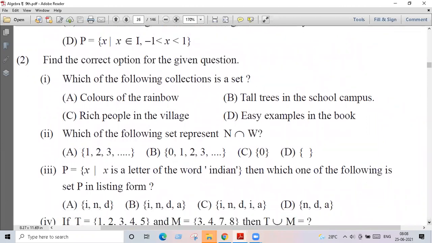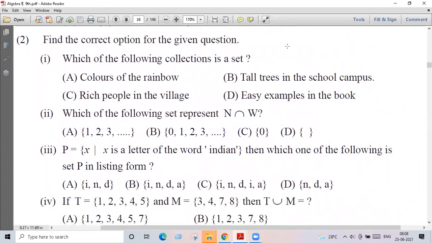Then question number 2. Find the correct option for the given questions. Which of the following is a collection of sets? Colors of rainbow, tall trees in the school campus, rich people in the village, easy examples in the book. We have already seen this question yesterday. The first is your set, colors of the rainbow. There are 7 colors in a rainbow: violet, indigo, blue, green, yellow, orange, red.